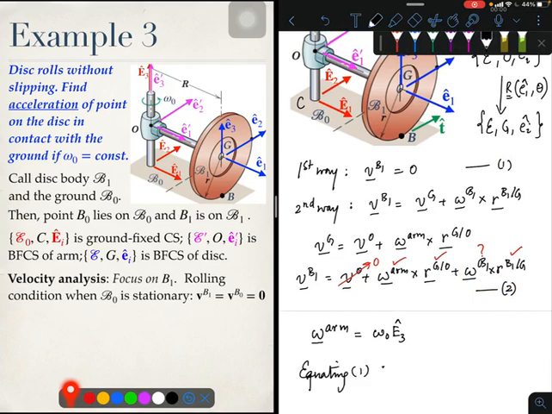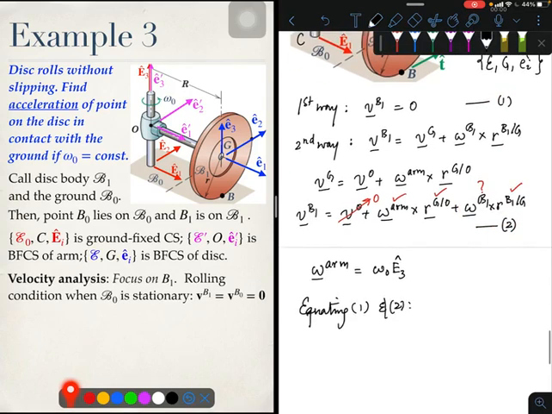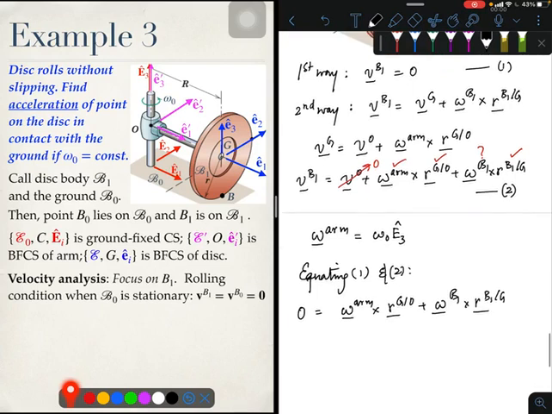So equating 1 and 2 gives us 0 is equal to omega arm cross RGO plus omega B1 cross RB1 with respect to G. We already have written down omega arm to be this.